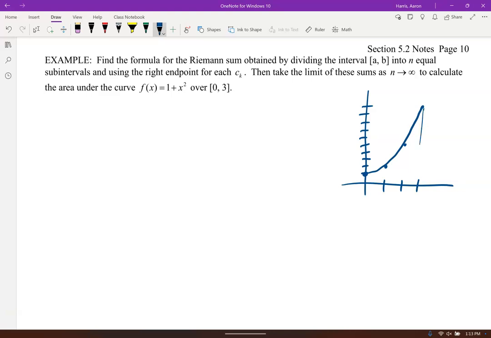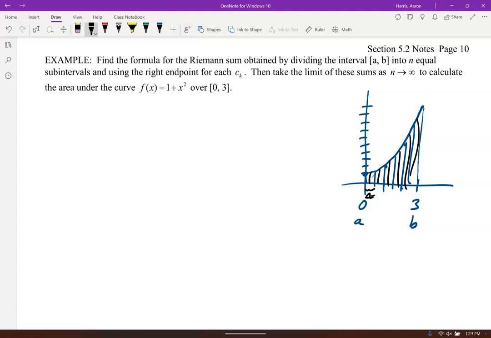Okay, so we're trying to find this area, right, from 0 to 3. That's our a to b. And we're taking these rectangles, but we're taking these widths, delta x, going to 0. So we're going to take more and more rectangles and add them up, right?